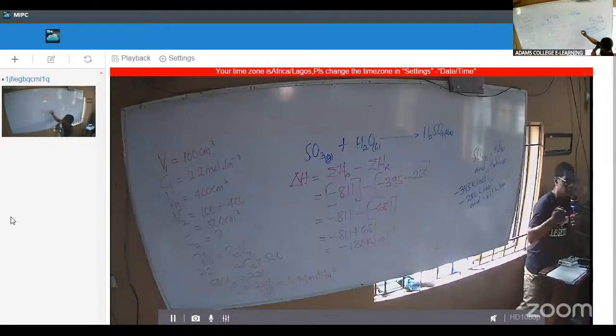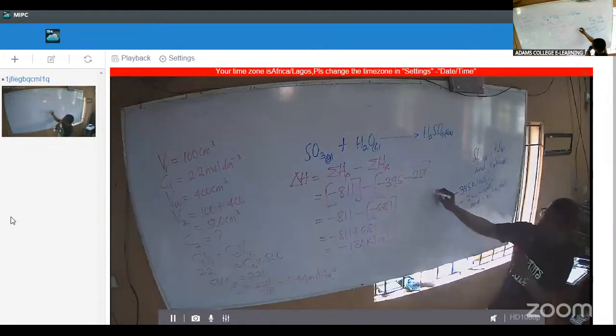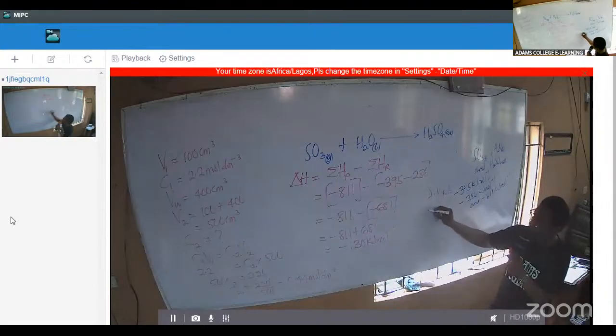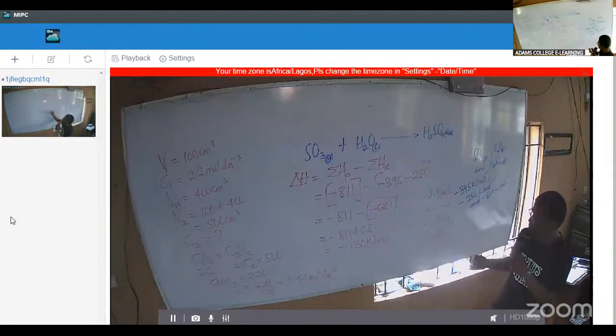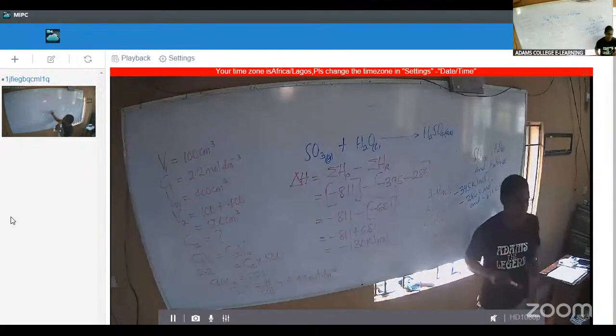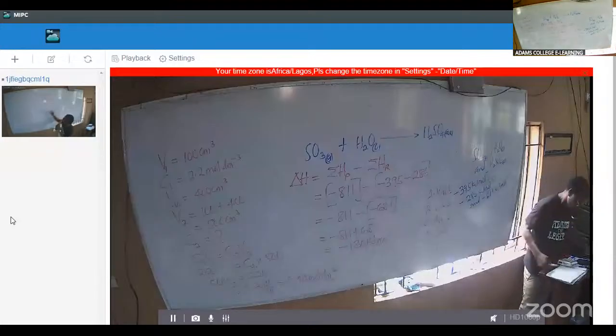Option A, magnesium chloride, MgCl2. Option B, calcium chloride. Option C, aluminum chloride. Option D, lithium chloride. Which of them will exhibit the highest ionic character?